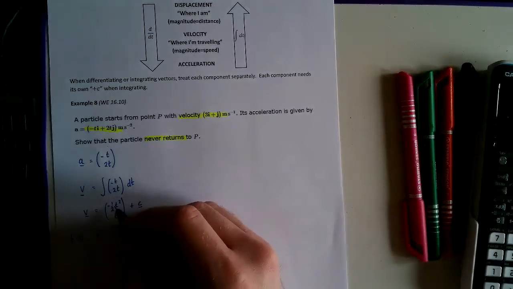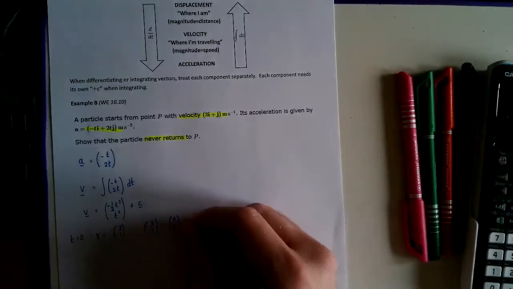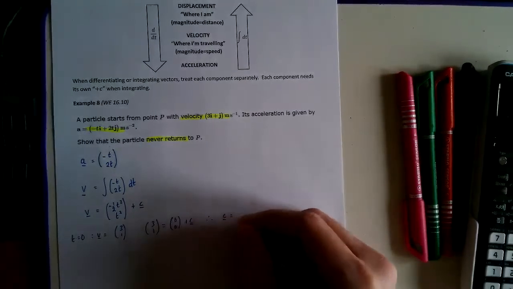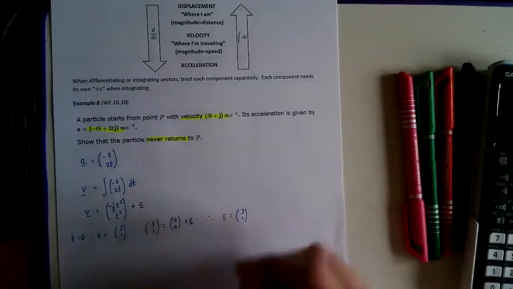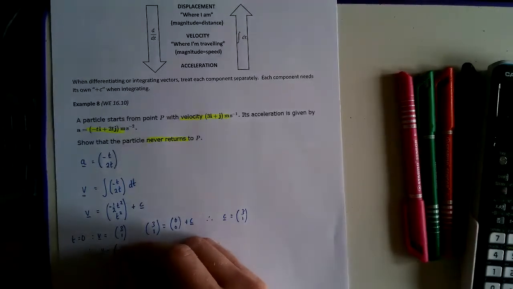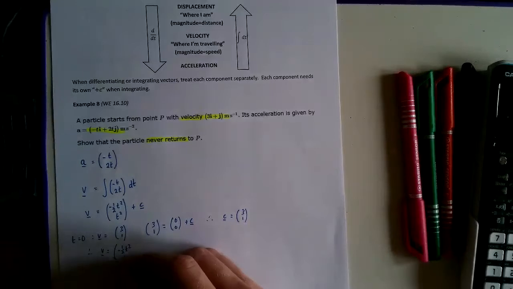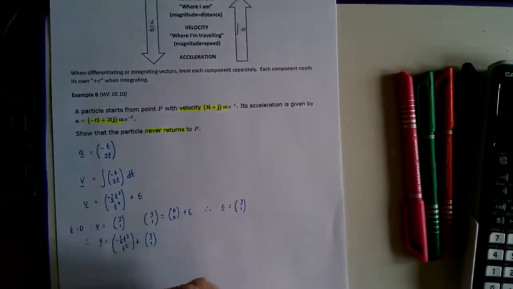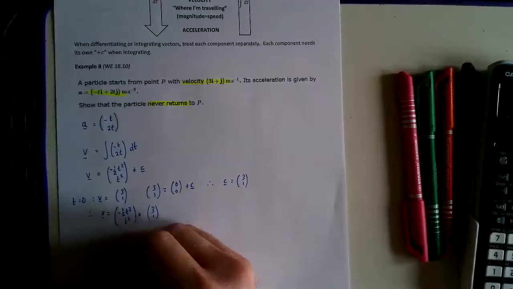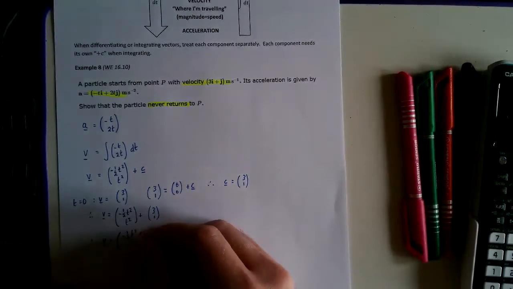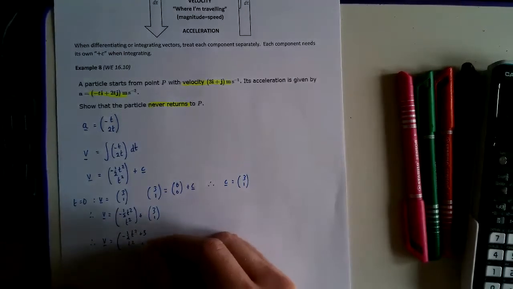For example, if I had sines and cosines or e's or ln's, it wouldn't necessarily give me 0, 0 for c. So therefore, my constant of integration is (3, 1). So therefore, v equals minus a half t squared plus (3, 1). Or I can write that as one column: minus a half t squared plus 3, and t squared plus 1.